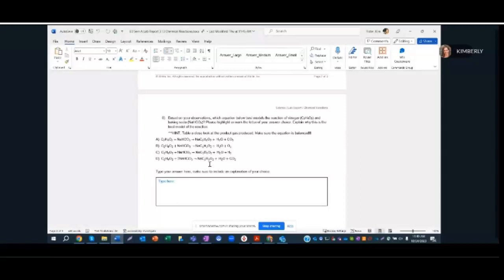Okay, so if you see on the product side, over here on the other side of the arrow, we're looking specifically, I'm going to try to highlight, I'm not sure how it'll work, for what produced carbon dioxide or hydrogen.